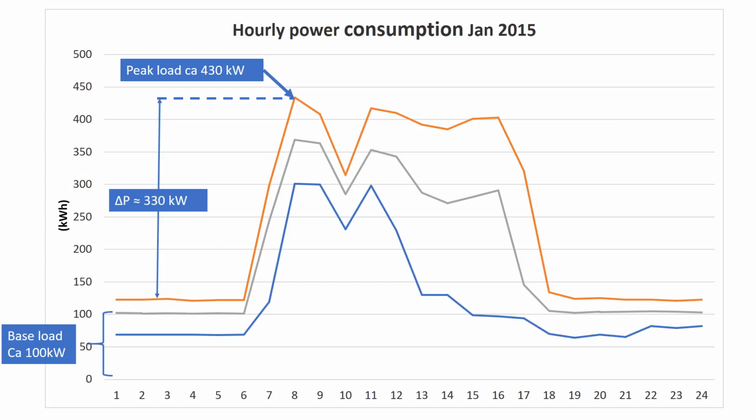This second graph is from January of 2015, so in the middle of the winter. Here you can see the base load has made a significant jump from about 15 kilowatts to about 100 kilowatts. Also, the peak load is substantially higher at 430 kilowatts compared to about 115 in September.